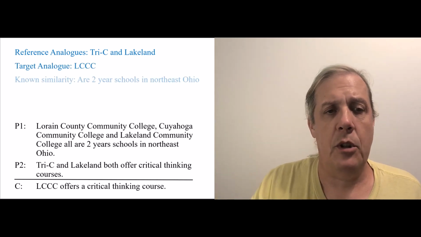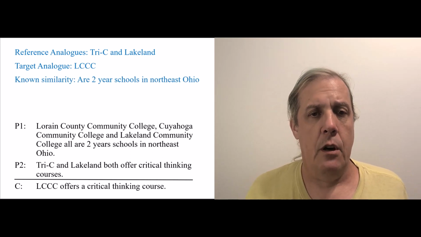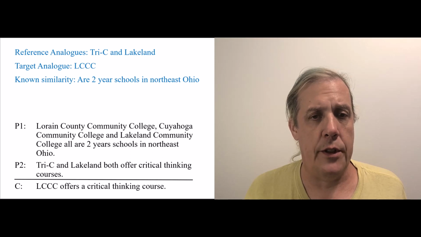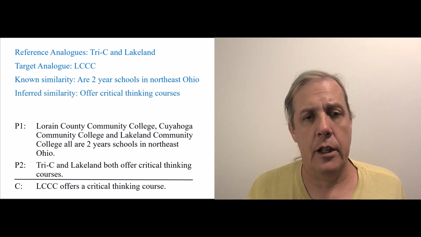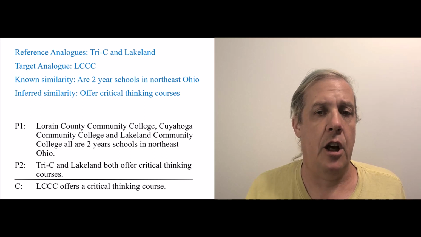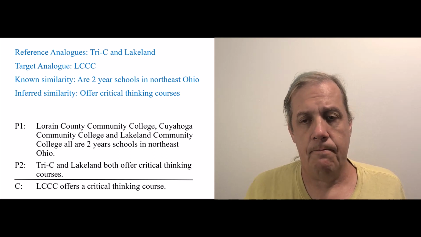The known similarity is the similarity in premise one, are two-year schools in Northeast Ohio. The inferred similarity is the similarity that's in the second premise and the conclusion, that they offer critical thinking courses.